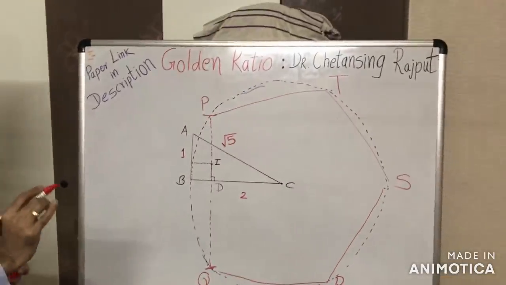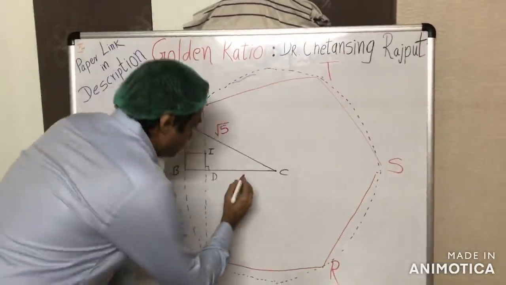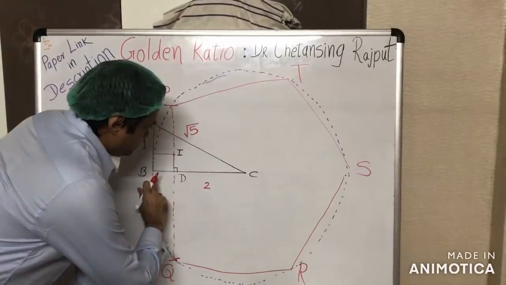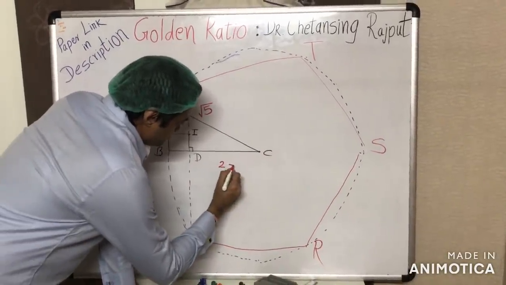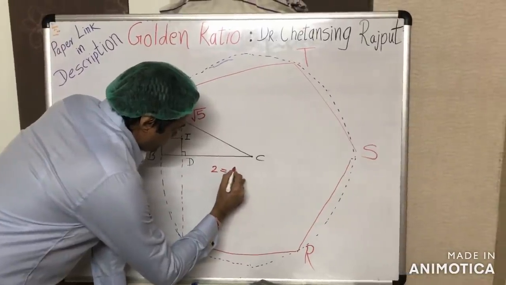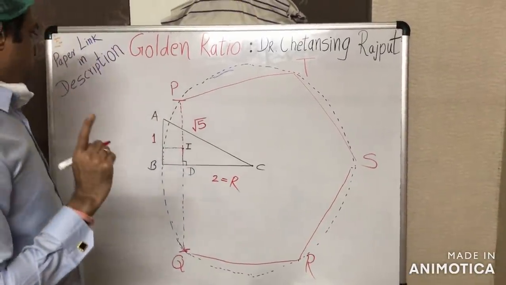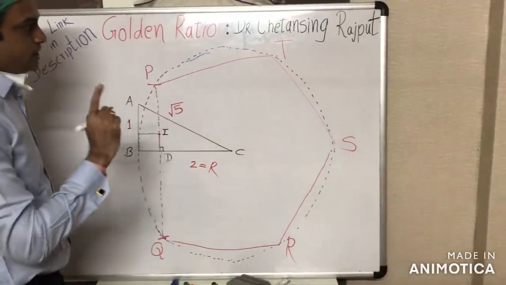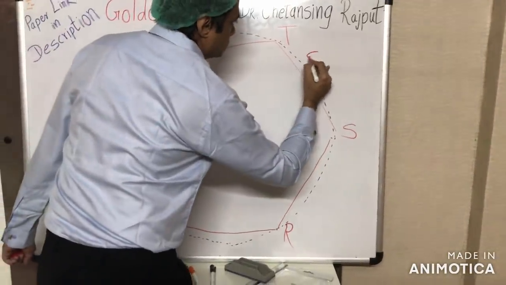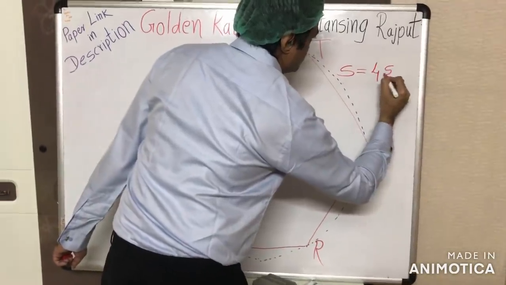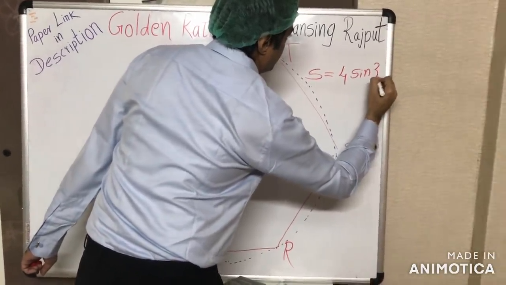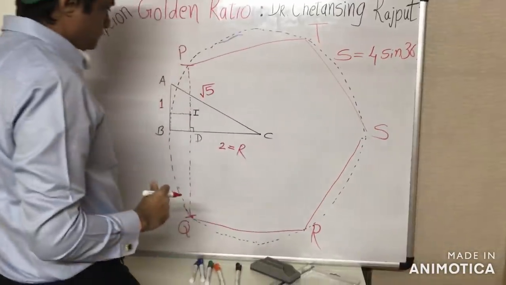Now, if the side of the triangle BC, which is equal to 2 here, is the circumradius of this pentagon, in that case the side of the pentagon is equal to 4 times sin 36.